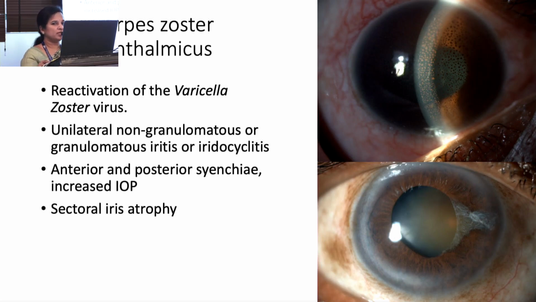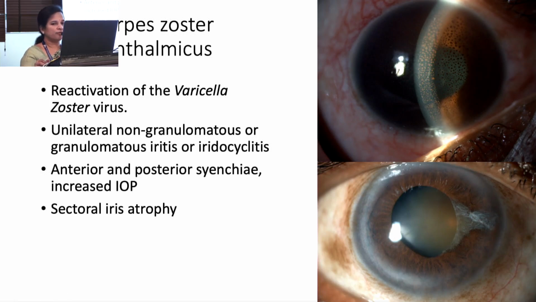More pigmented KPs, more chance of IOP rise, and initially a moth-eaten appearance of the iris, as you can see in the first picture, but later it presents with sectoral iris atrophy, typically described as a triangular sector with the base towards the pupillary margin.